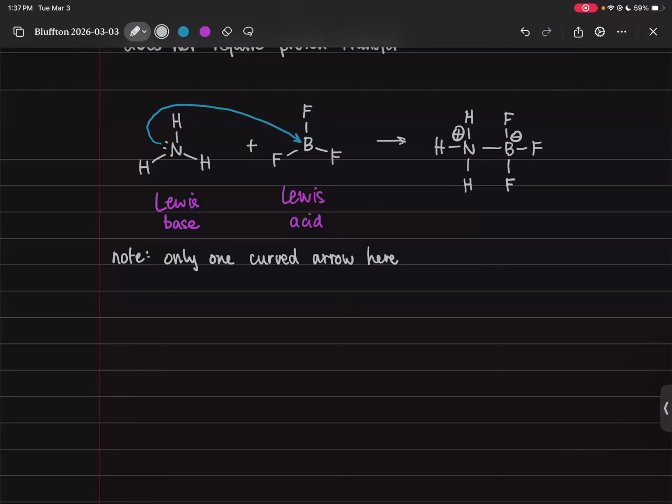Will it be told on the exam if you want it to be Lewis one or the other one? That's a good question. Default will be Bronsted-Lowry, because most of what we're talking about is that. This is the very last topic.